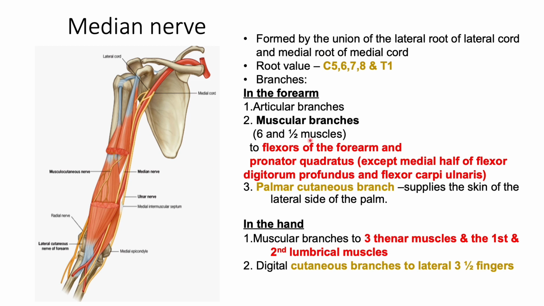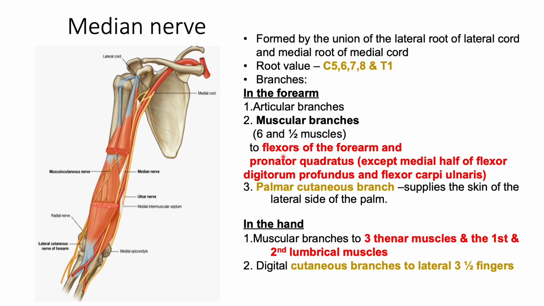If you look at the muscular branches, it supplies 6.5 muscles, mainly the flexors of the forearm. Those 6.5 muscles include pronator teres, flexor carpi radialis, flexor digitorum superficialis, palmaris longus, the lateral half of flexor digitorum profundus, and pronator quadratus.